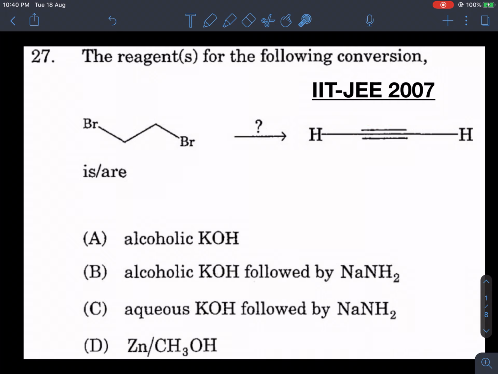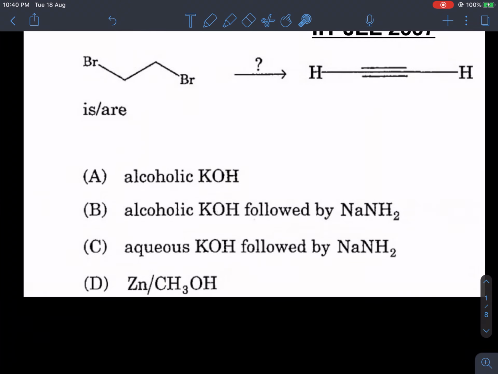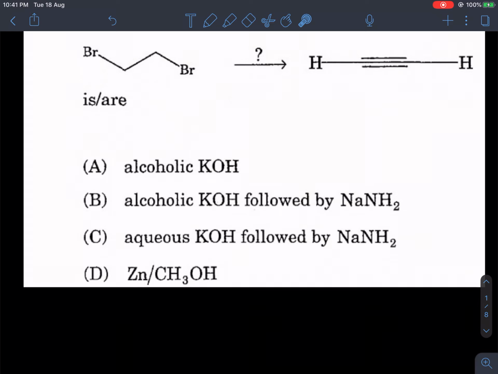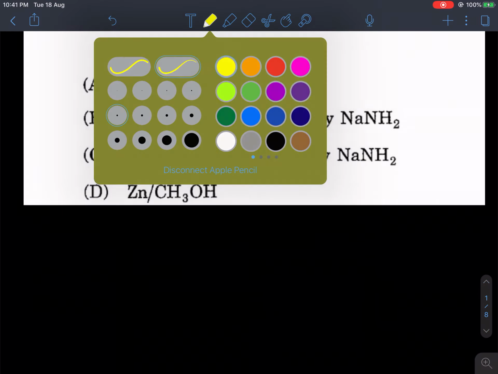So what are we going to use here? During this whole process of elimination, basically we have to remove the bromine from here, and hydrogen from here, so that we can develop a triple bond. Now let us understand the challenges that we are going to face.